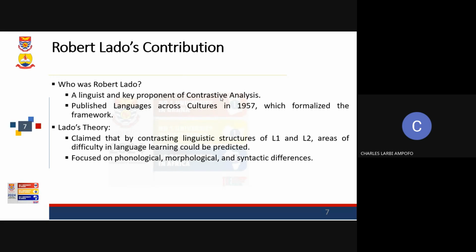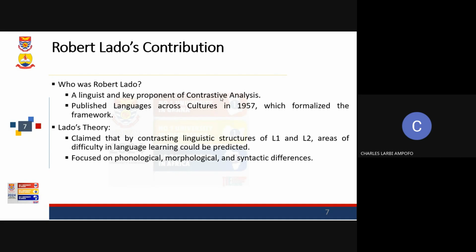It was when this book came out that it made contrastive analysis official. So the coming out of Languages Across Cultures in 1957 officially launched the contrastive analysis framework.